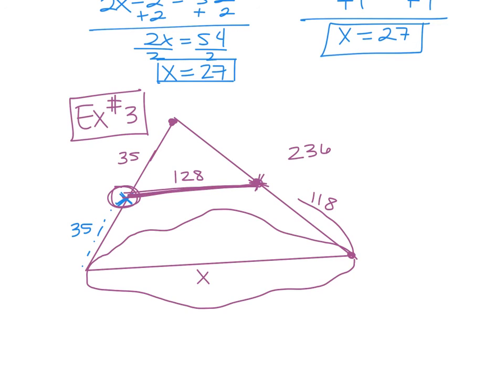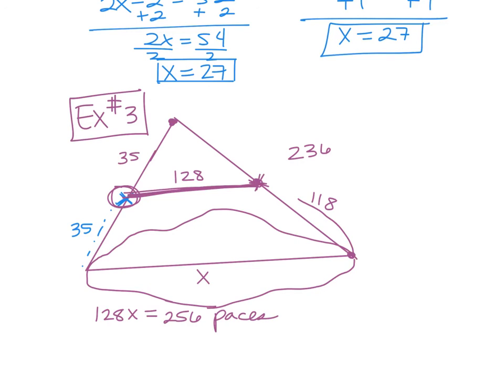How far is it across the lake? Multiply that by 2. So 128 times 2 would be 256 paces.